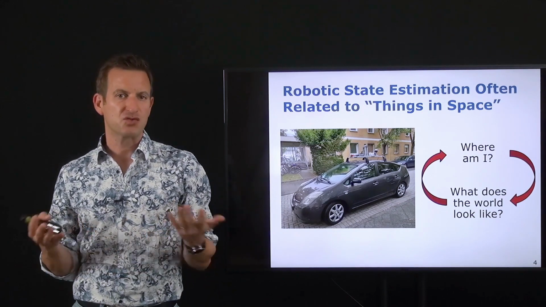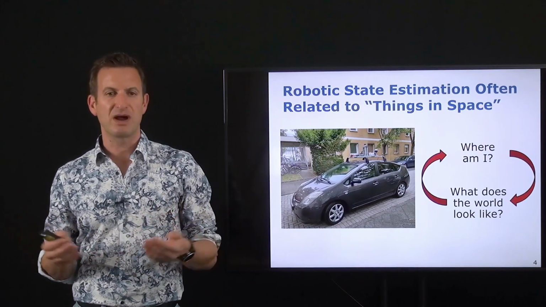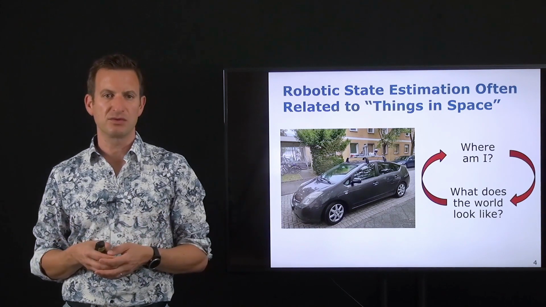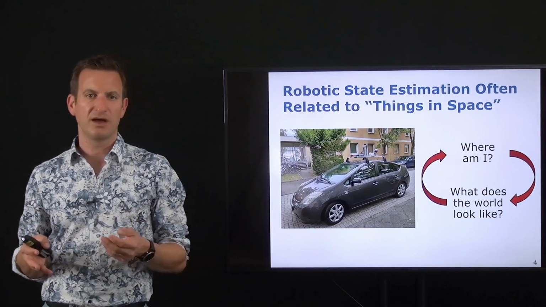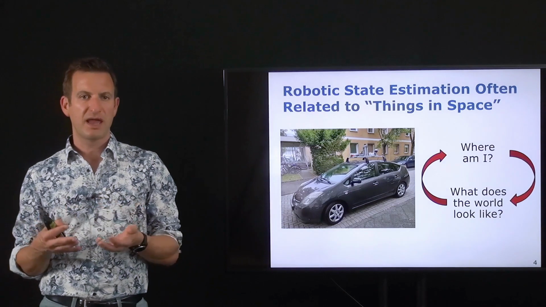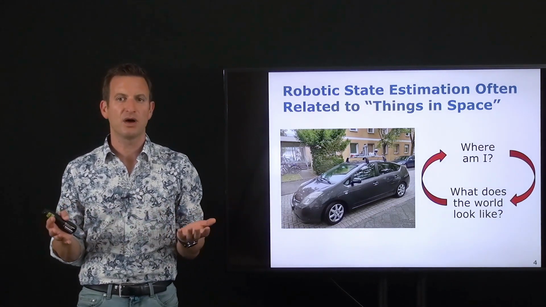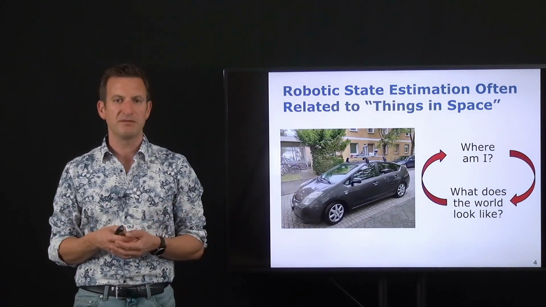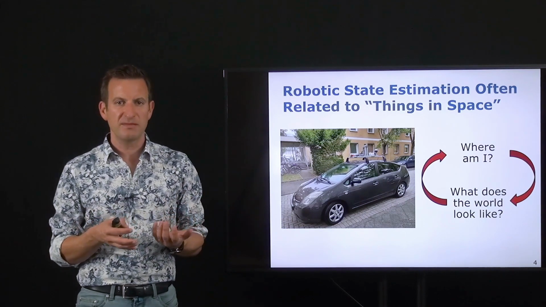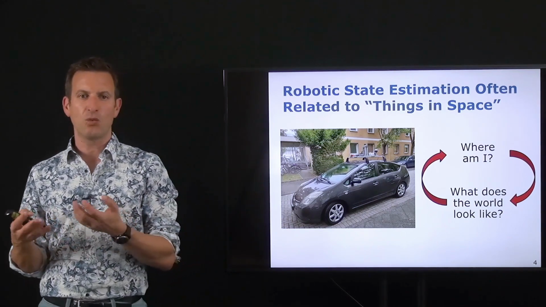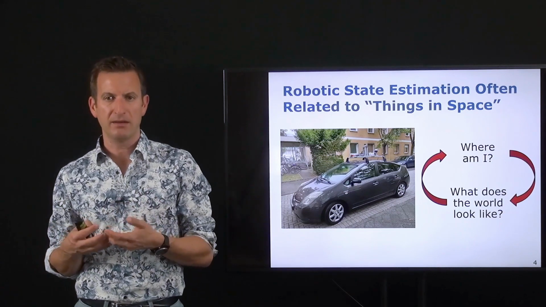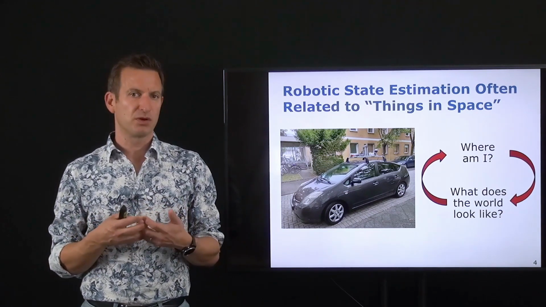For example, trees in the environment are at least rather static, or lane markings on the road, or traffic signs. And we want to estimate the location of those things, those objects, for example, in order to build a map of the environment. So a lot of those state estimation problems involve estimating where the system is, so where am I, and what does the world look like.